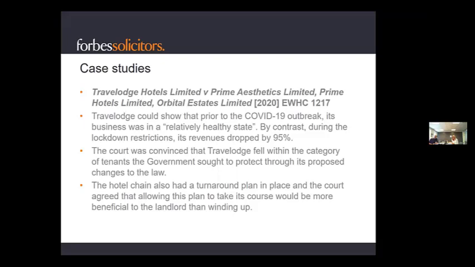Travelodge were also able to demonstrate that it had a workable turnaround plan in place, and by doing this, the court looked at the bigger picture and considered that Travelodge trading through the current situation would be more beneficial to the landlord than allowing the winding up to take place when it was before the courts recently.